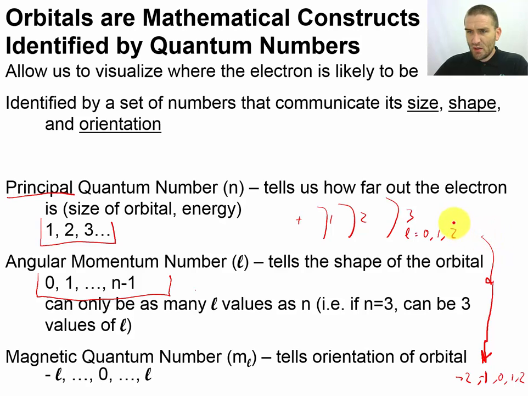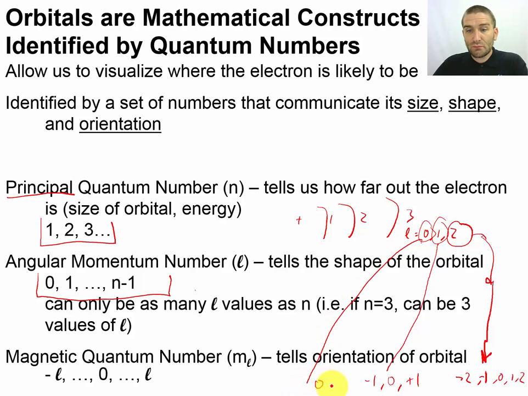So notice, for L equals 2, we get a total of 5 ML values. For L equals 1, we're going to get -1, 0, +1. We're going to get 3 from that one. For L equals 0, we're going to get just 0, because plus or minus 0 around 0, 0. That's our magnetic quantum number.